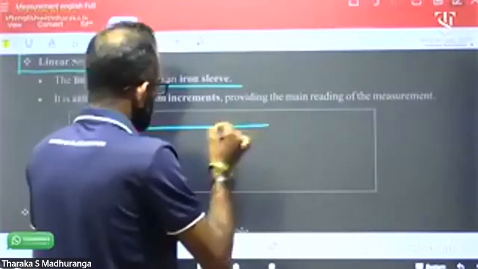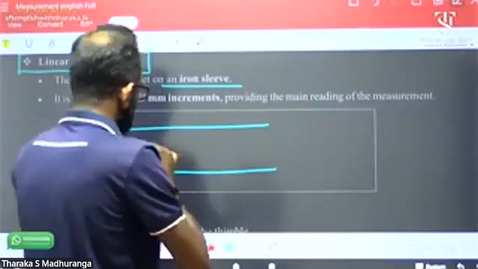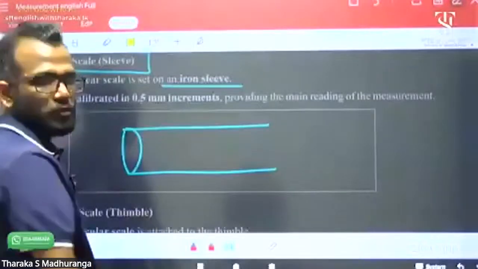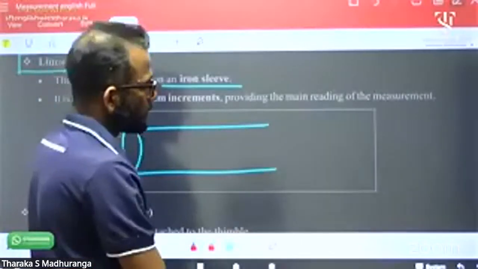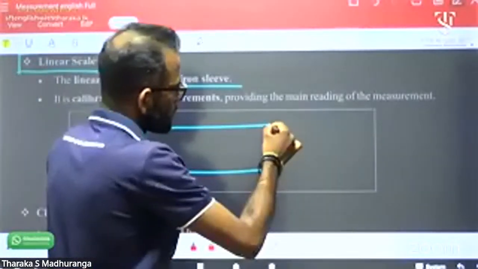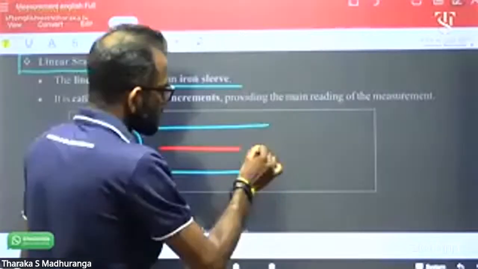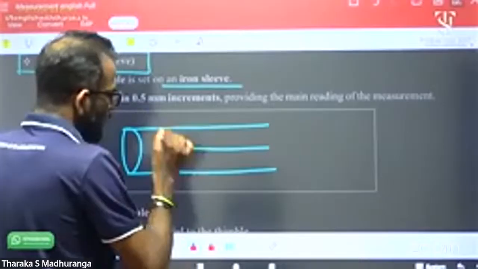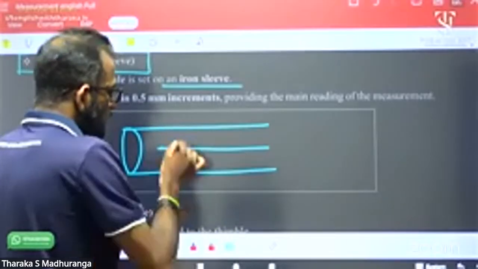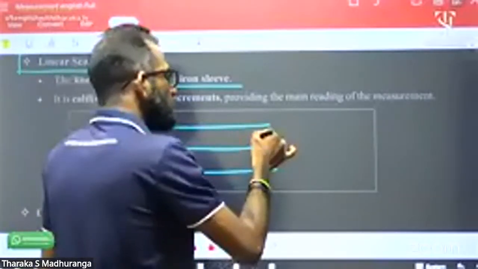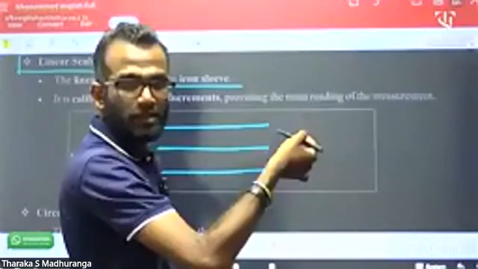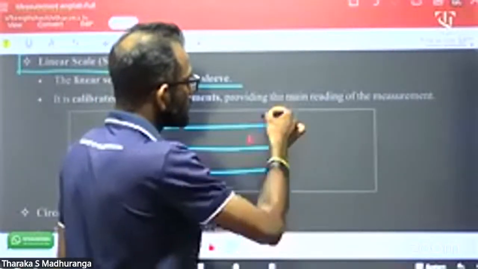Think this is the iron sleeve, that means the iron cylinder. Remember, this is the linear scale middle axis.